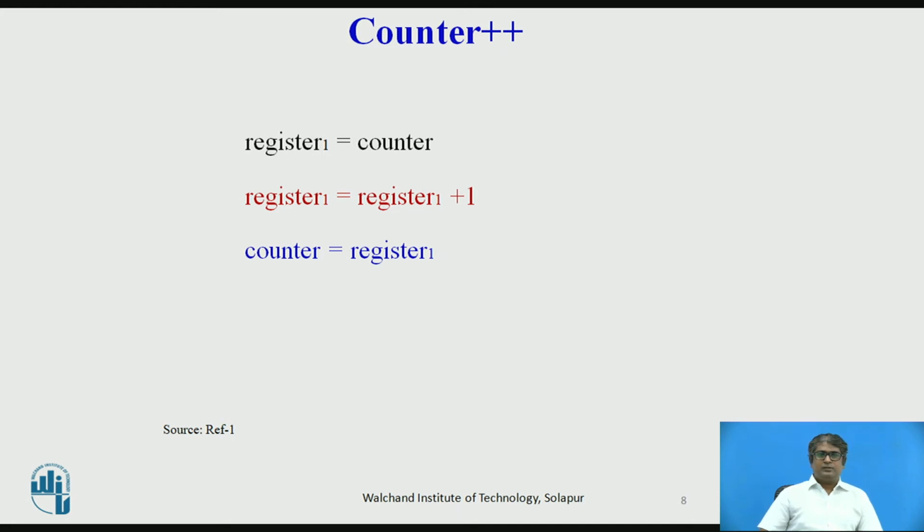The producer and consumer routines shown in the previous slides are correct separately, but they may not function correctly when executed concurrently. Suppose that the value of the variable counter is currently 5 and the producer and consumer processes concurrently execute the statements counter++ and counter--, as shown in the previous slide.